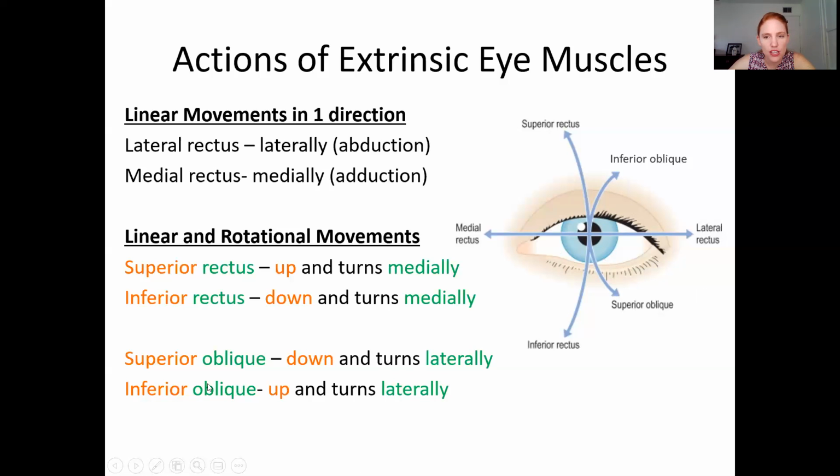Whereas the inferior oblique, that one's running like this, and when it contracts and we pull on it, think of it like it's pulling on the eye, it's going to rotate it again at an angle because it's oblique. It's going to rotate it up and out. Can you kind of imagine the muscle?